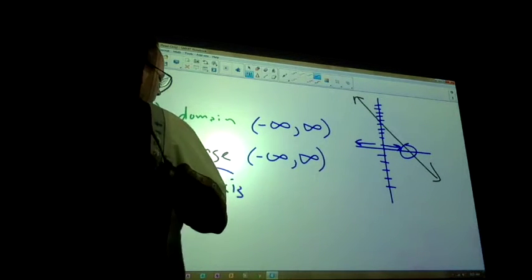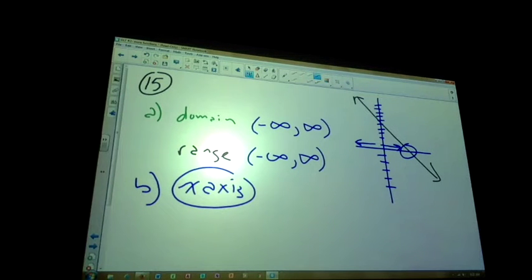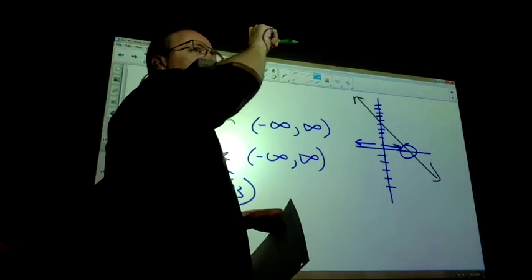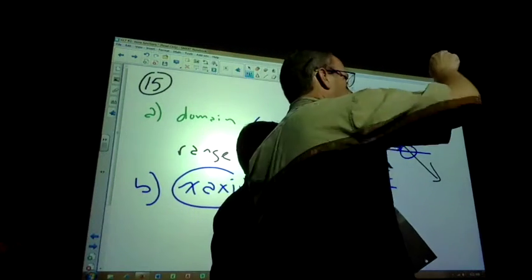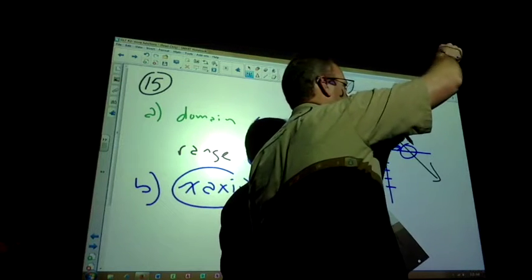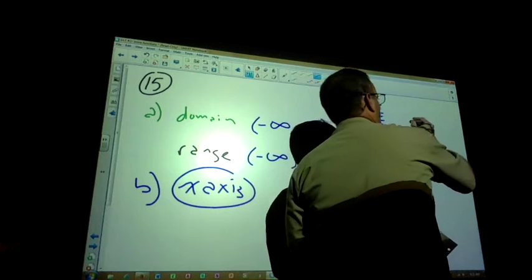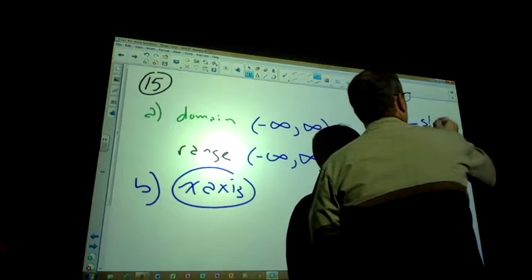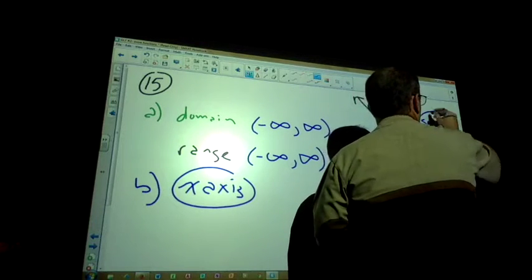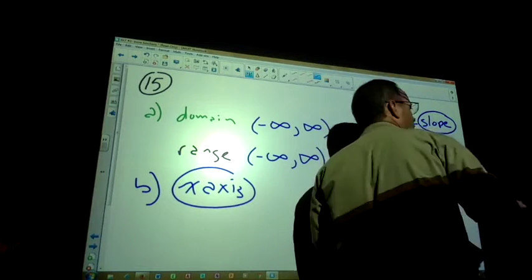where on the x-axis does it appear that this graph is decreasing? Okay, so as I'm coming from this way and walking, the graph is dropping to the right. This graph has a slope that happens to be a negative slope.